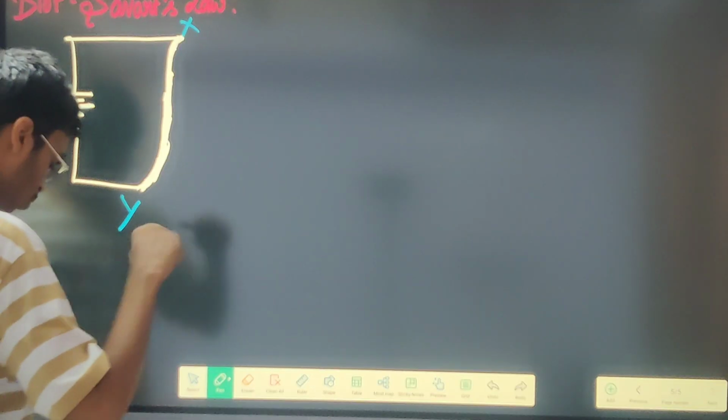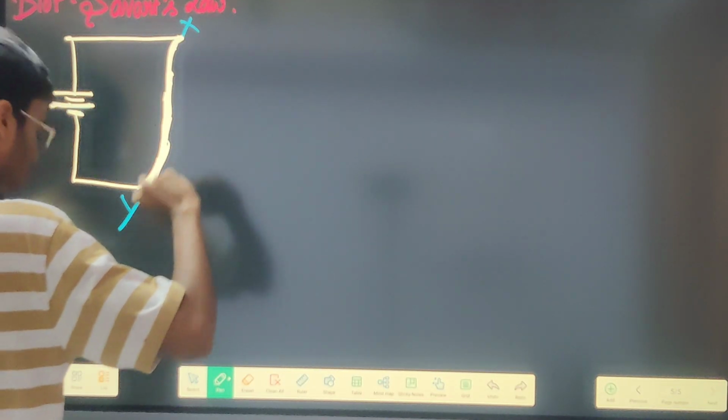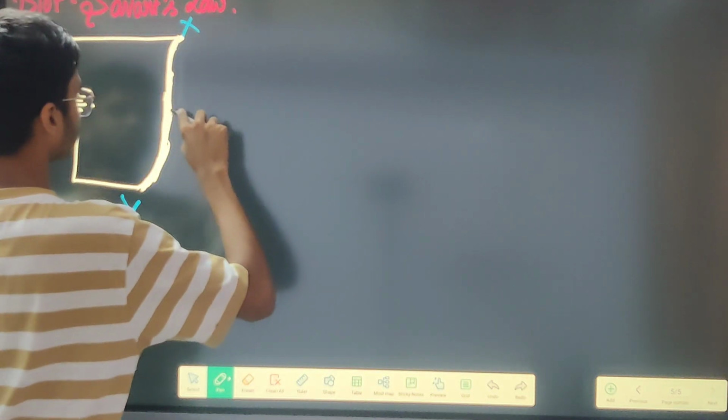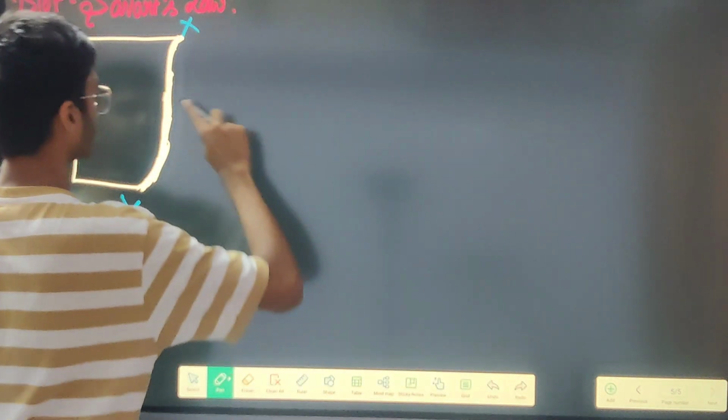Then the current, see, this is what this irregular conductor is, right? So that means the current direction is actually like this. The current is actually unidirectional. So when you are taking just the current direction, it will be like this.